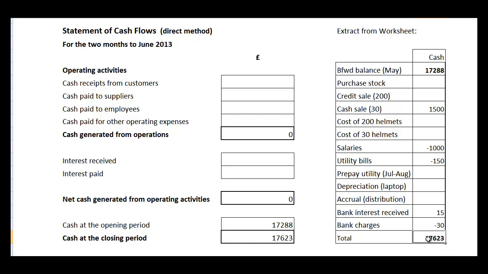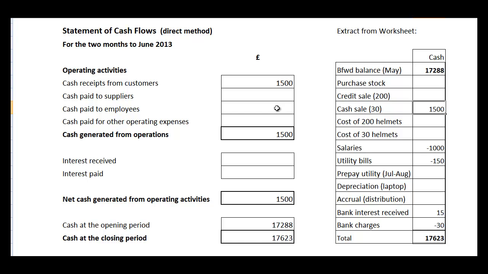We can now compile our direct method of cash for those 2 months and post the relevant figures that we have. So we have £1,500 of cash receipts from our customers, which we have over here on the right hand side from the extract from the worksheet.